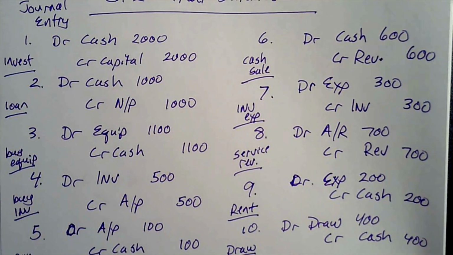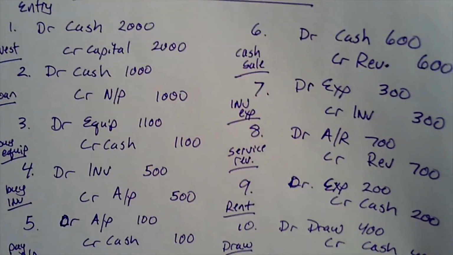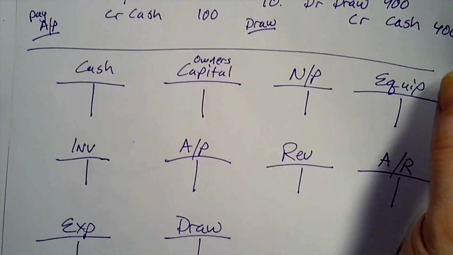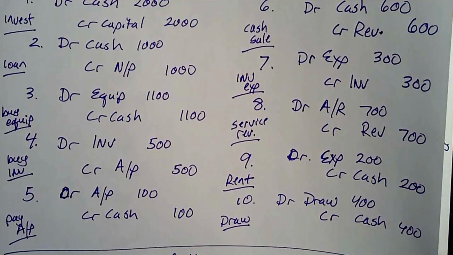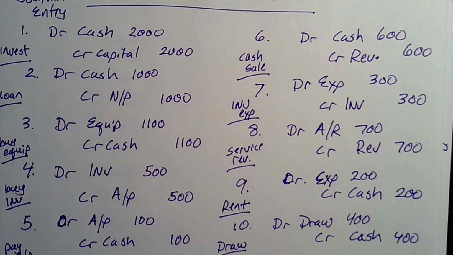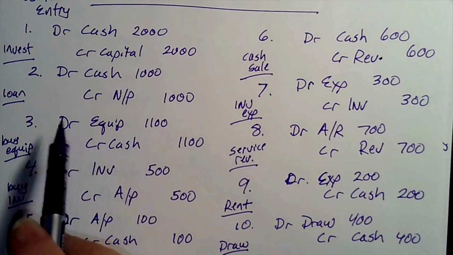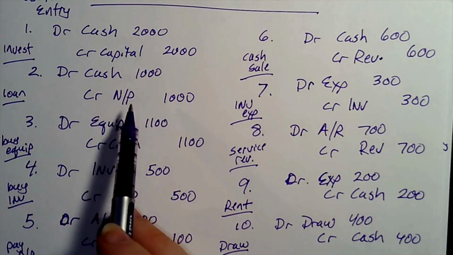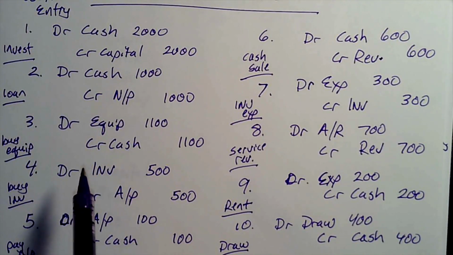In this case, we're using a simplified ledger, meaning we're just going to use T accounts. So here we have 10 different T accounts. I'm going to take all of these journal entries and put them on the T accounts. It's all the same information, but rather than looking at it at a transaction level, we're going to look at it from an account level.